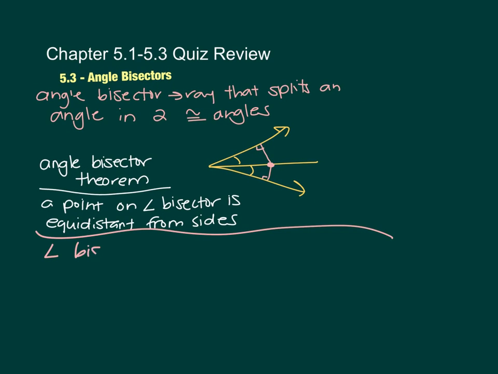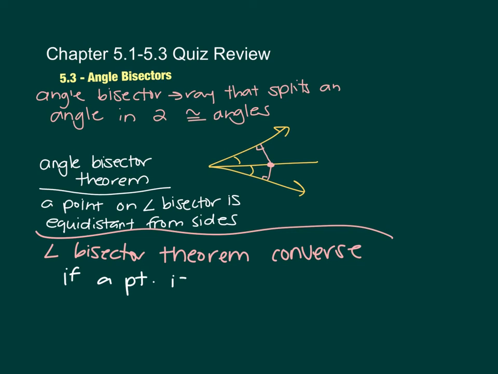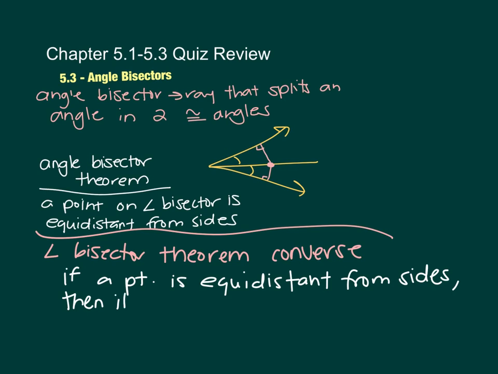The angle bisector theorem converse said the reverse. If a point is equidistant from the sides, then it lies on the angle bisector.